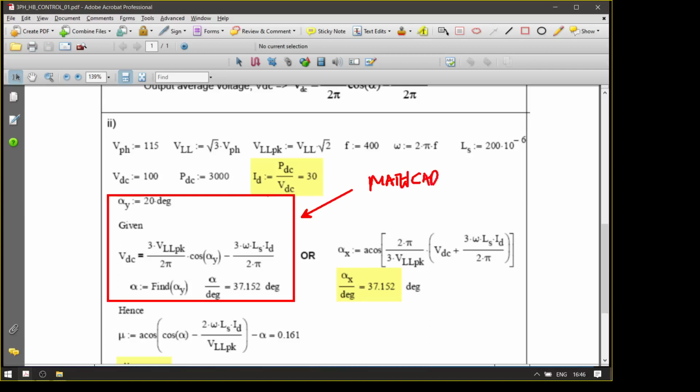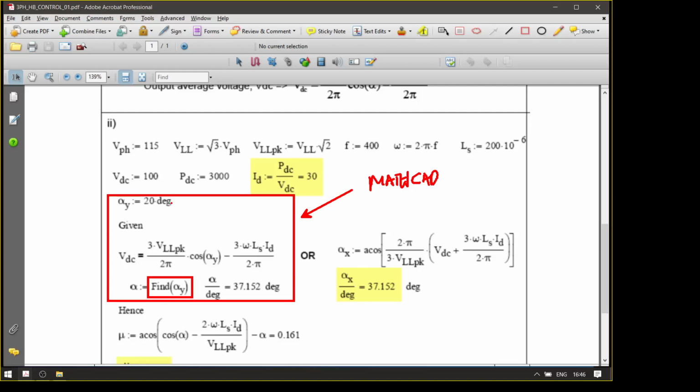For MathCAD, if you want to use the find function, I need to declare an initial condition, just similar to what you did for your beta in your calculator, isn't it? You set the initial value of beta, where usually you put pi, closest to the answer.